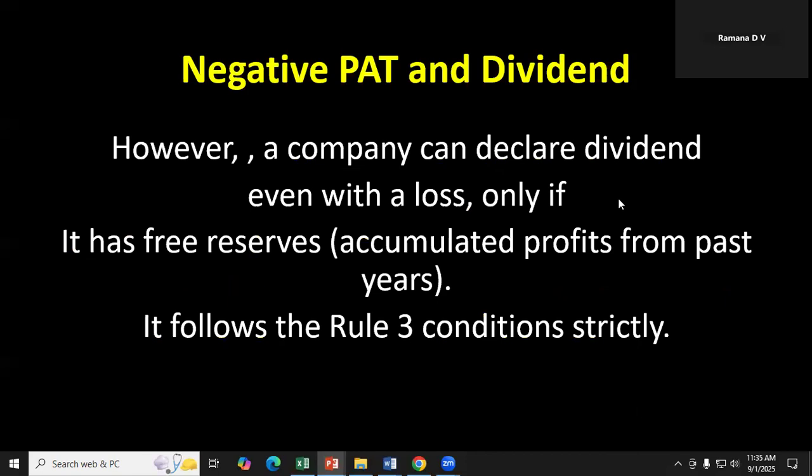However, a company can declare dividend even if there is a loss, only if there are free reserves. Free reserves means the accumulated profits of the past years. And certain conditions about the cap on the amount of dividend to be declared need to be fulfilled.